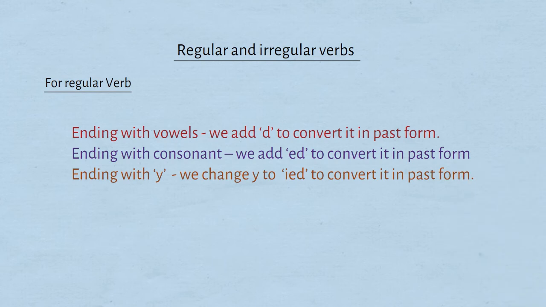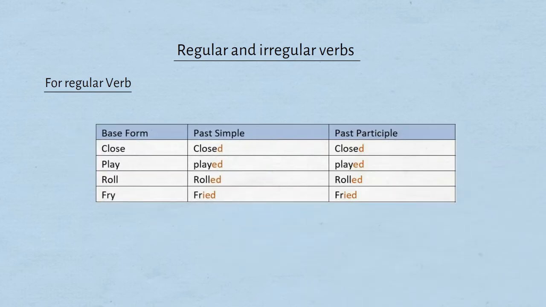The table over here, as you can see, has 3 columns: base form, past simple, past participle. The first example we took was close. The base form is close, past simple is closed, past participle is closed as well. Similarly, play, played, played. Roll, rolled, rolled. Fry, fried, fried.